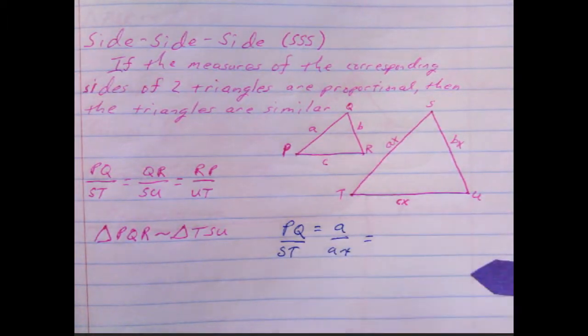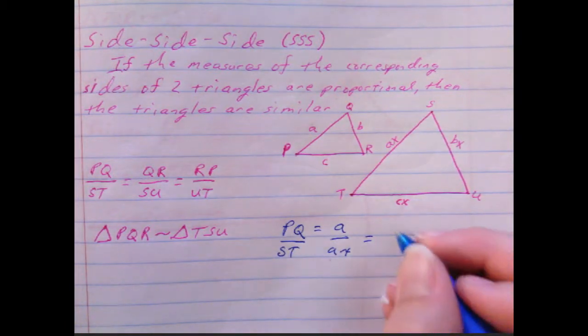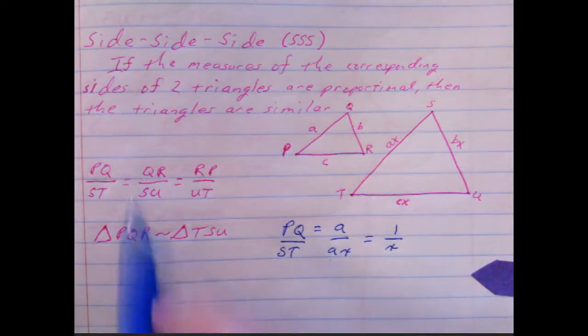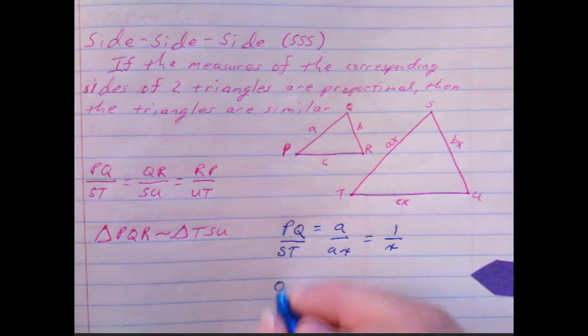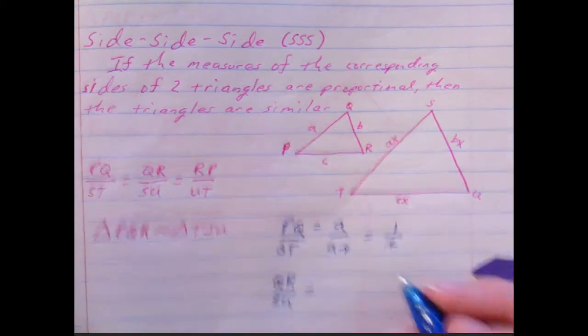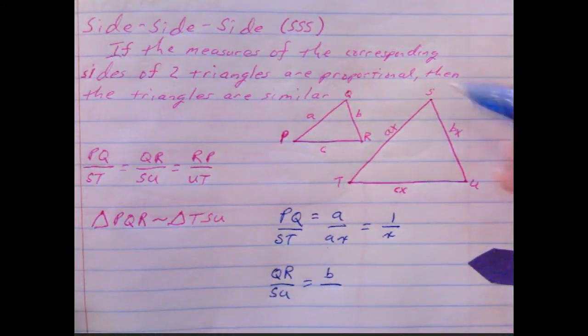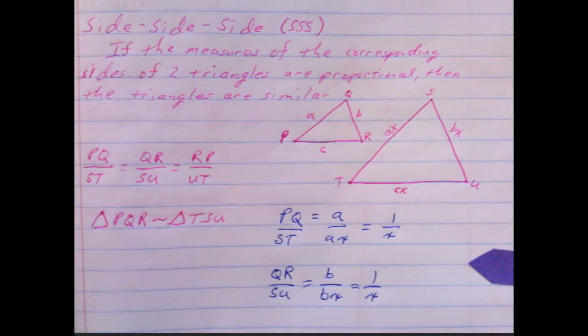If we reduce that, we get rid of the A's from both top and bottom, and we're left with 1 over X. If we did the others, we would end up with the exact same thing. I'll go ahead and show you here. QR over SU. QR is B, and SU is BX. Again, the B's would cross out, and we're left with 1 over X.